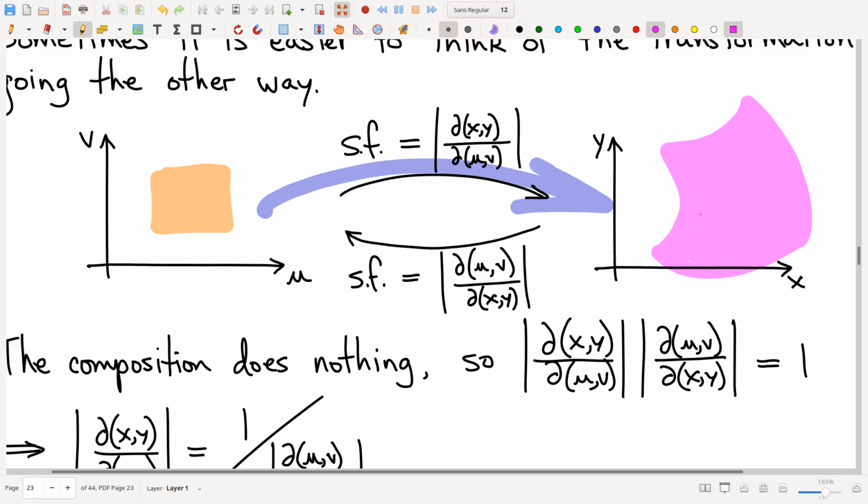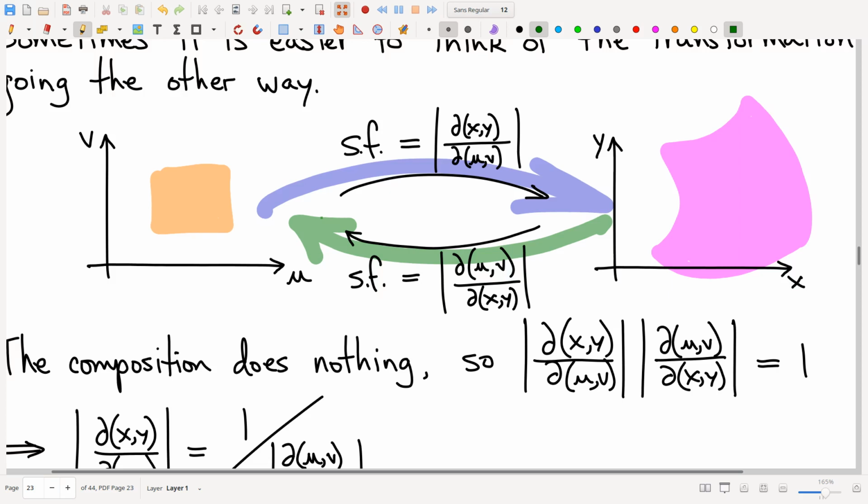And now we could ask, okay, what happens when I take that back the other direction? Well, keeping in mind that these functions have to be invertible to even call them change of variables functions, if I take the orange set and go over and then back, the result is exactly the same orange set. So altogether, how much has area been stretched by going over and then back? Not at all. The area has been stretched by a factor of 1.